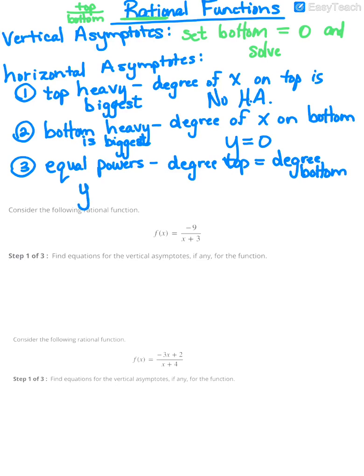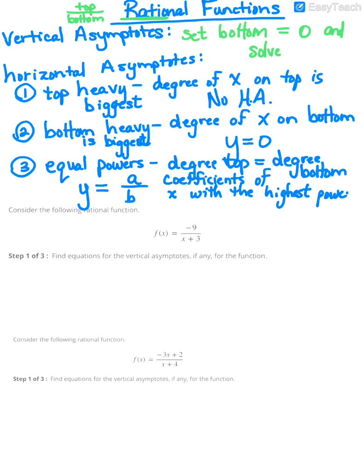We say that it is y equals a over b. And the a and the b refer to coefficients of your x with the highest power. So the a is the coefficient of the x on top with the highest power. The b would be the coefficient on bottom for that x that would have that same highest power.